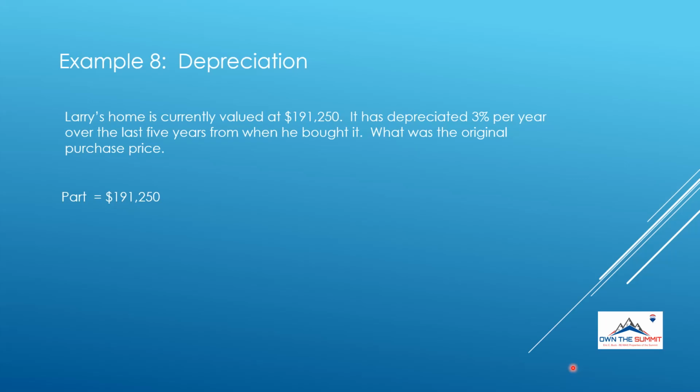What's the percentage? Well, if it depreciates 3% for each year for 5 years, that means it depreciated 15%. So now it's only worth 85% of what he originally purchased it for. So our part's $191,250 divided by 85% equals $225,000.